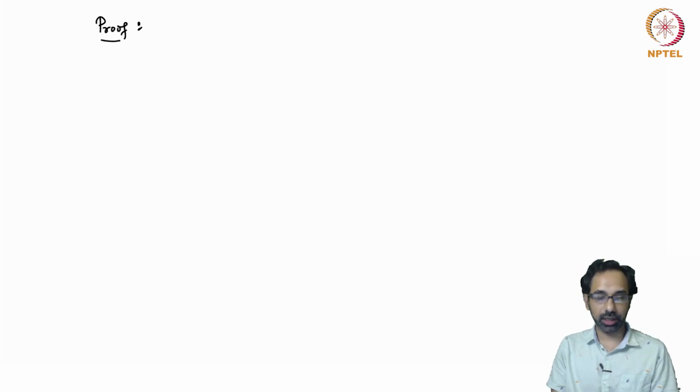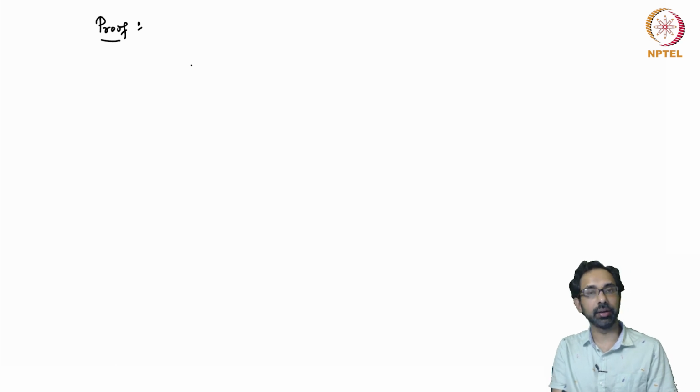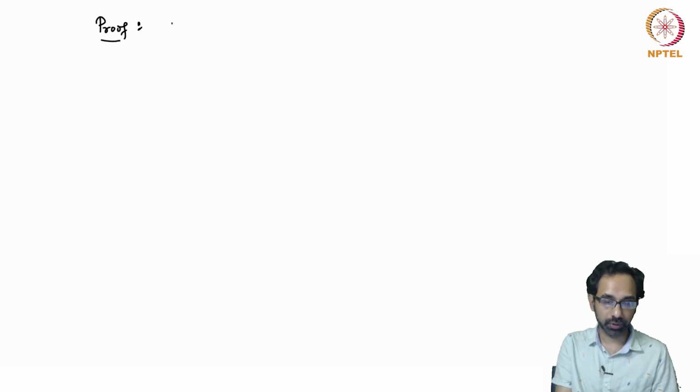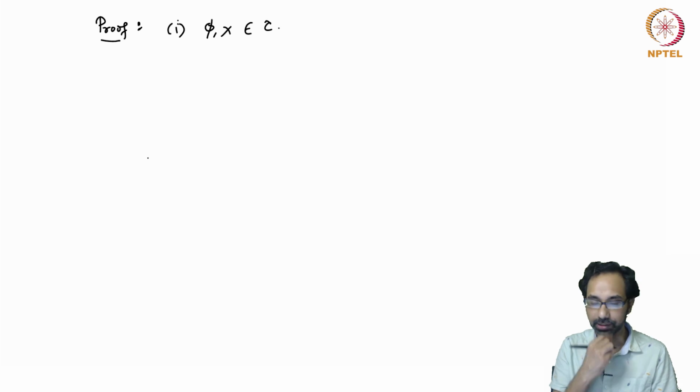So to check that tau is a topology, we begin verifying the various conditions for tau to be a topology one by one. So the first thing that we want to show is again that phi and X are in tau. So let us check this. So first of all, X belongs to tau.